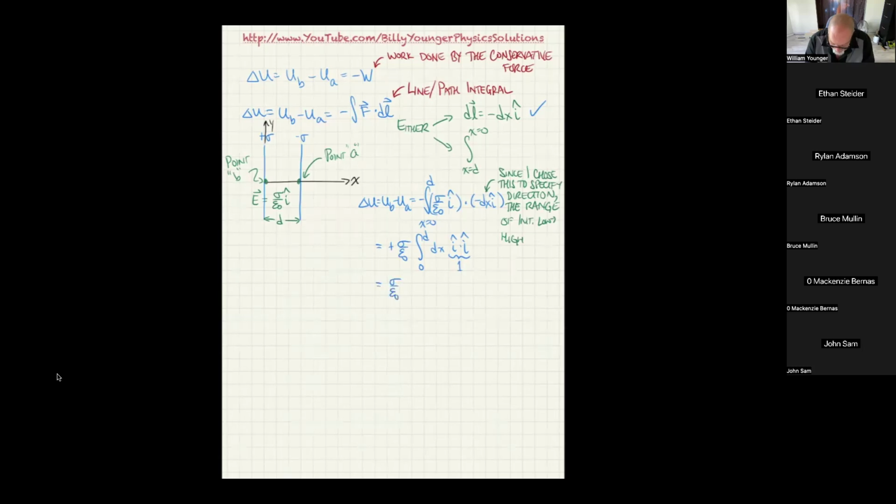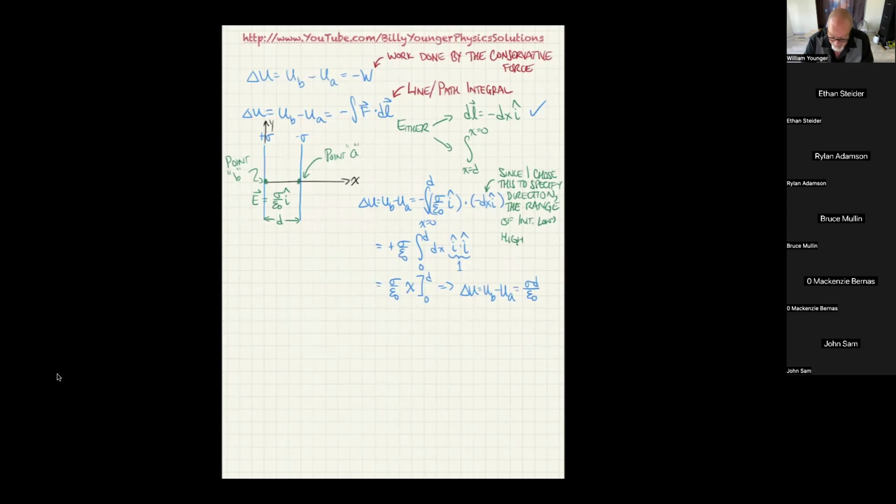sigma over epsilon naught times x, and then x is going to be evaluated from 0 to d, which finally gives delta U, which equals U_B minus U_A, is equal to sigma d over epsilon naught, because when I let x equal d, I get d, and when I let x equal 0, I get 0.